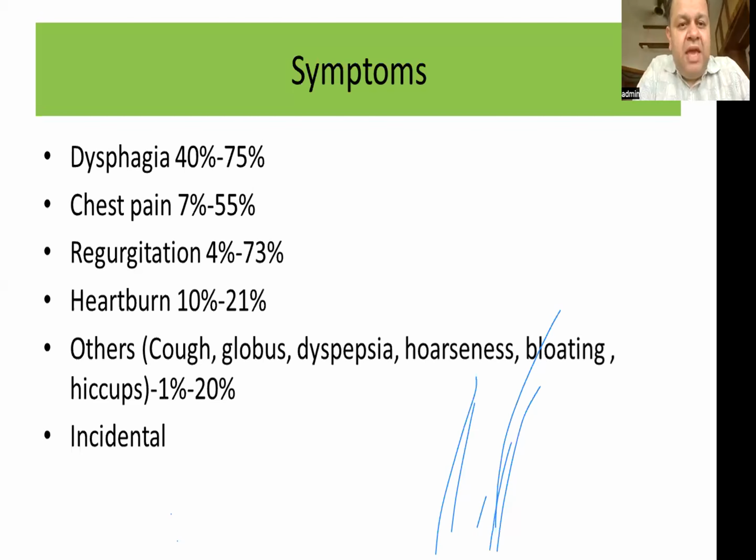Sometimes patients may have atypical features like cough, globus, dyspepsia, hoarseness, bloating, and hiccups. And sometimes the disorder can be detected just incidentally because the patient has undergone a manometry for some other reason, but this disorder has been detected.